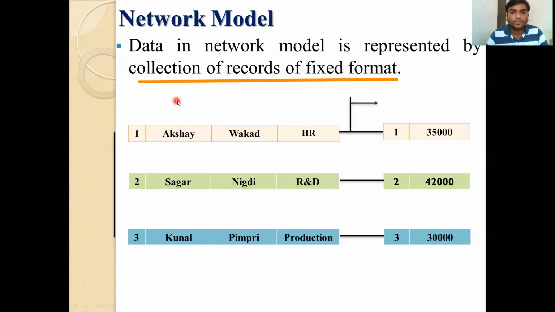These lines are called a relationship, the records that are interconnected with each other. This line is called a relationship because it interconnects the records present in different formats. And these fixed formats are known as the records. So this is the network model.